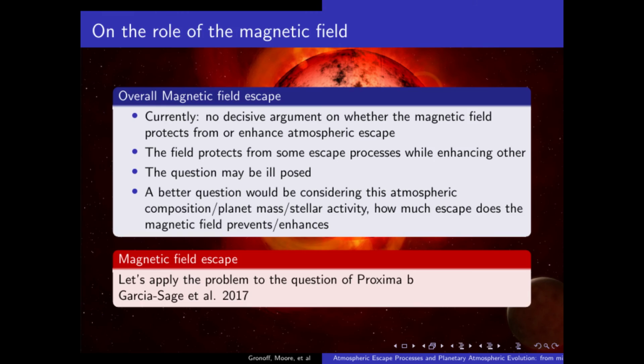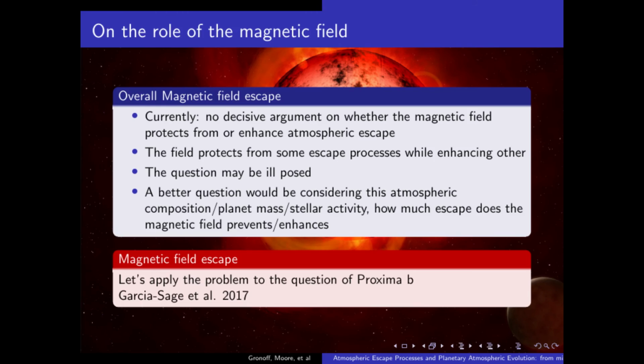And the difference between magnetic field versus non-magnetic field is not big enough to shield a planet from the escape. We may have some 50% difference from the observations we have right now, but it's not a 99% difference that would really make a big difference in the stability of an atmosphere.